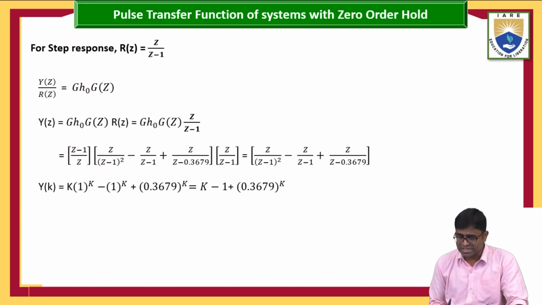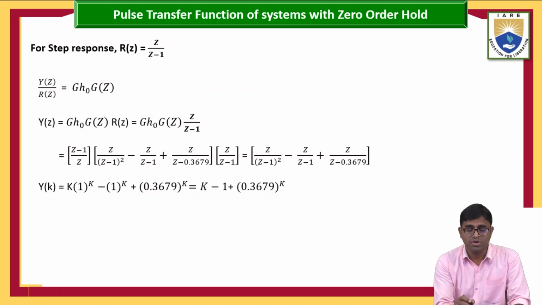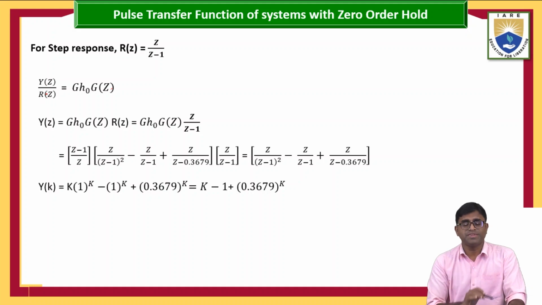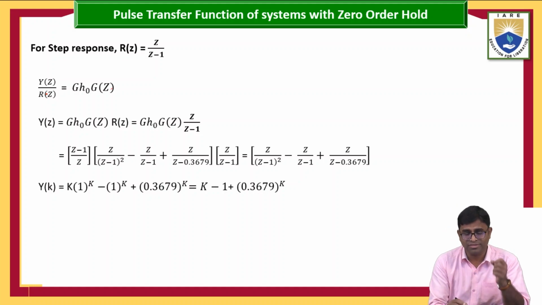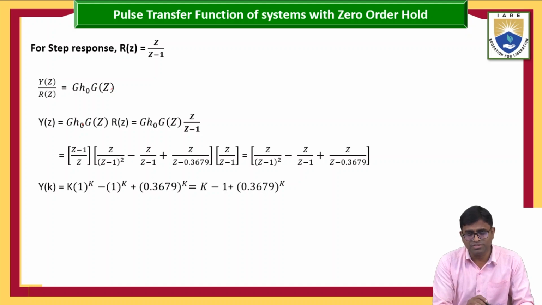The transfer function is given as y of z by r of z equal to G into H naught of z. So y of z is r of z into this function.